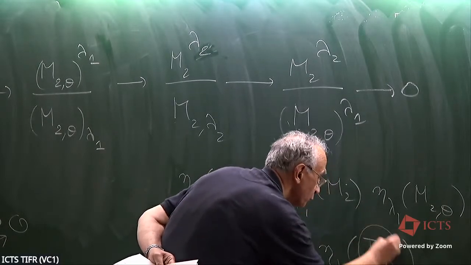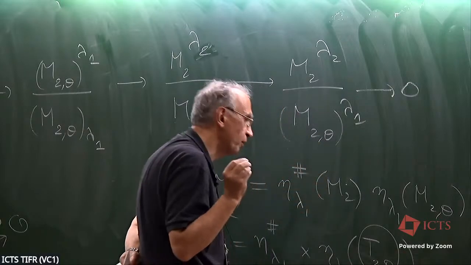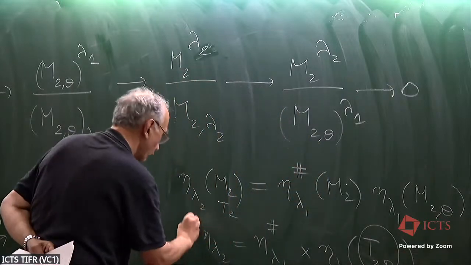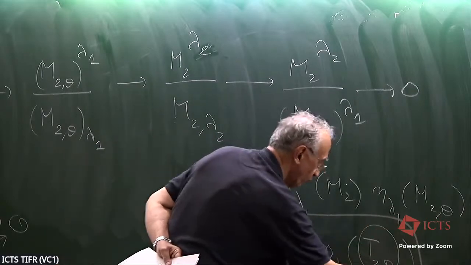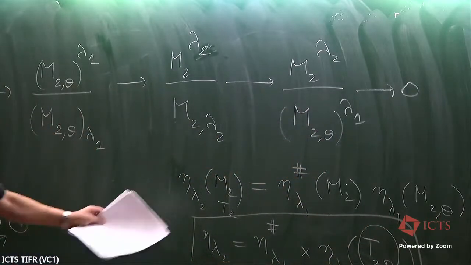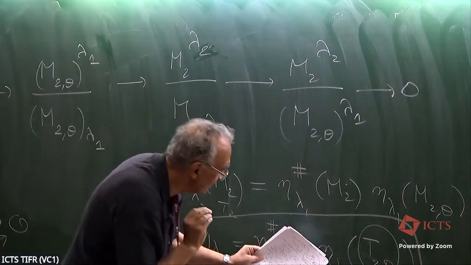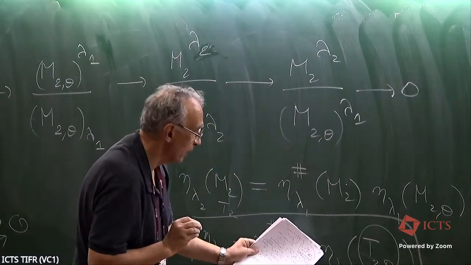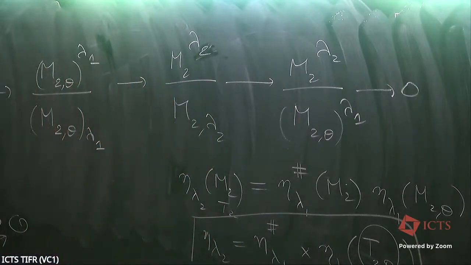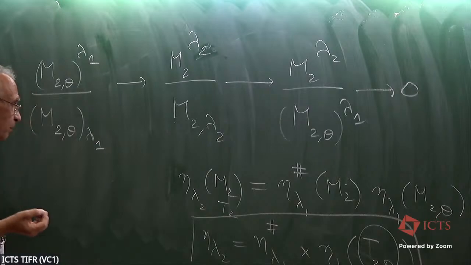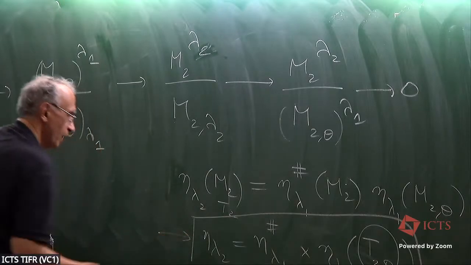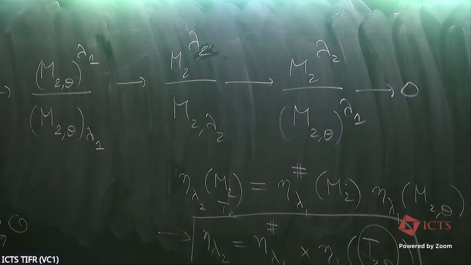And this is a T1 module which may not be free. This is why you have a perfectly correct factorization, but it does not exactly involve eta lambda 1 in general. In the case of a locally complete intersection ring, this is eta lambda 1.